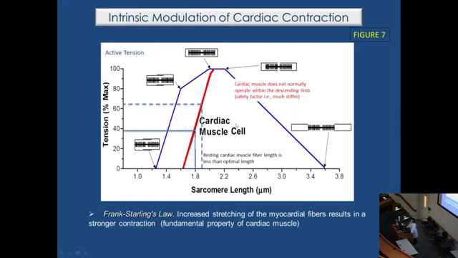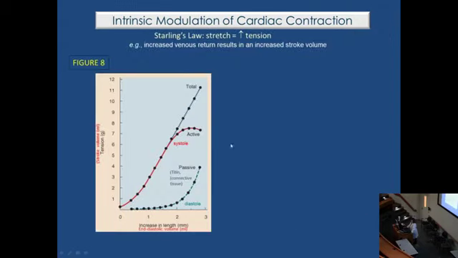Okay, so this figure is exemplifying the length-tension relationship of a cardiac muscle cell at the level of the sarcomeres, but we have the same relationship if we look at the whole ventricle. It could be left, right, or the atria to a lesser degree. Here we have the active component, as we just saw previously, and that occurs during systole.